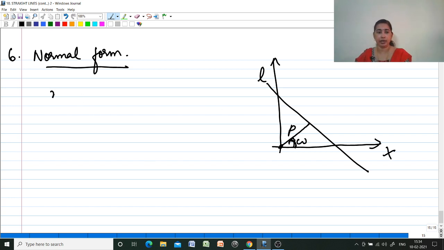Then the equation is x cos omega plus y sin omega is equal to p. And what is omega?